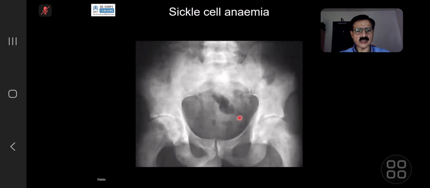So that is it. Another case of sickle cell anemia in which the sclerosis is more marked. The sclerosis is not just involving the head of the femur, where the head of the femur is involved and there is subchondral cystic change. If you see the bone density, it is somewhat patchy, because here the bone density is normal.